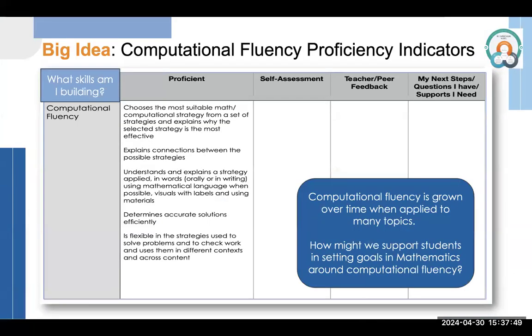So computational fluency is one of the big ideas in mathematics. There are many skills associated with building computational fluency. And when we are teaching mathematics in a year, we want to grow computational fluency over time and apply it to many topics.